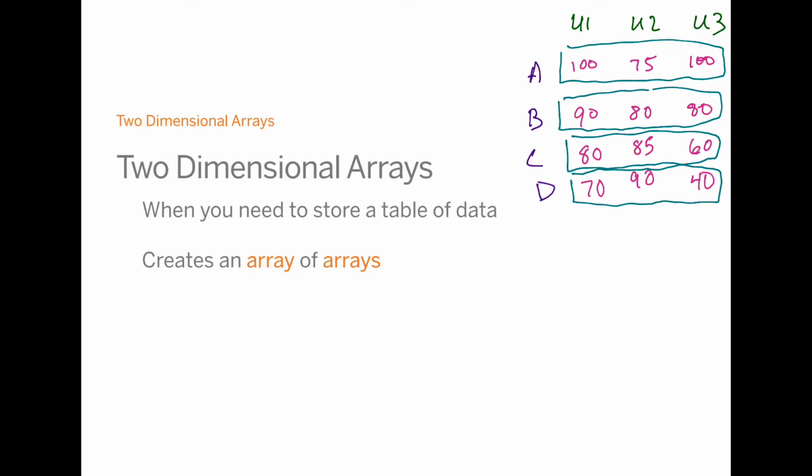What a 2D array does is take all these separate arrays and put them into one giant array that can store all of these separate arrays as rows.